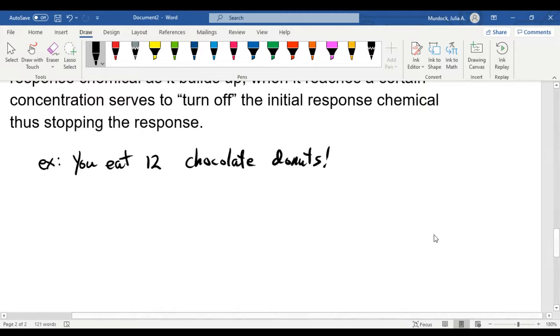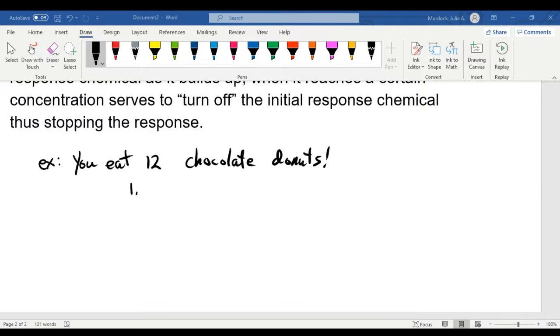So you eat those 12 chocolate donuts, first of all. Insulin will activate, but before it activates, what happens before that? Once they're digested, yeah, okay, there you go.